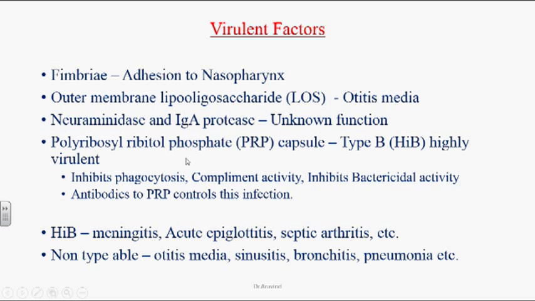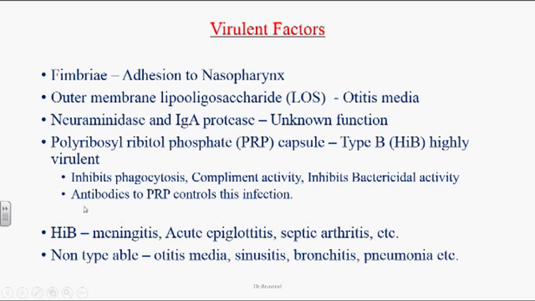And this organism, especially the Hib organism, the type B organism, always has a capsule which is made up of polyribosylribitol phosphate, which can be referred to as PRP, or sometimes ribosylribitol phosphate. Because of this capsule, it is highly virulent in nature because it inhibits phagocytosis, inhibits complement activity, and inhibits bactericidal activity by the human tissues.